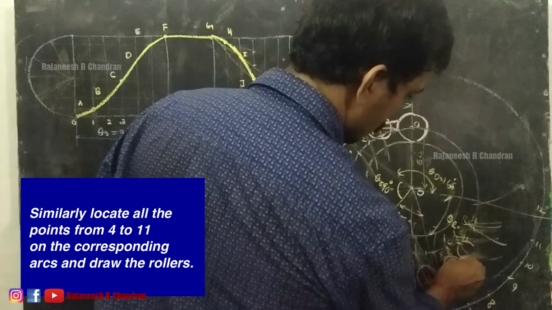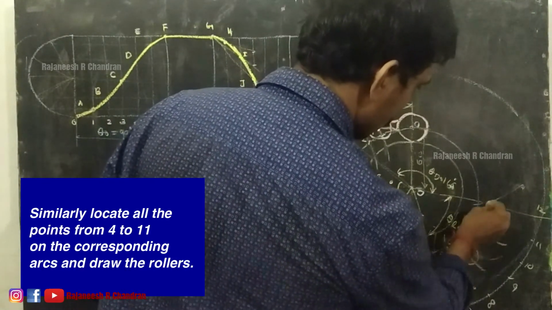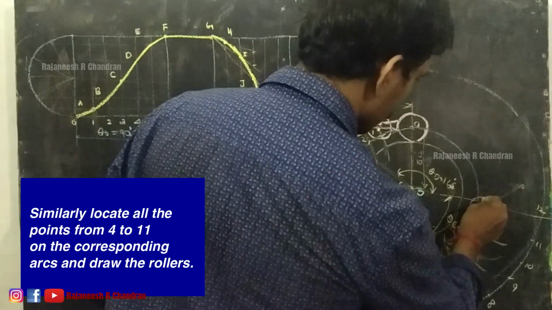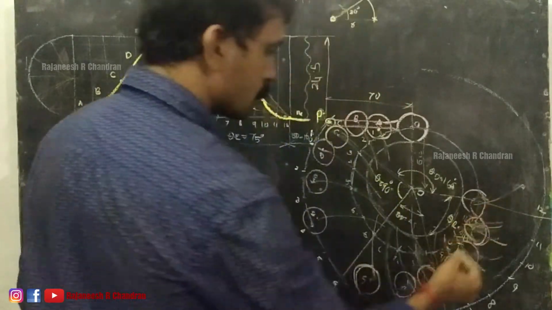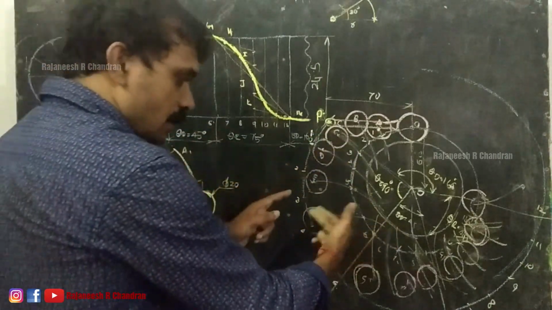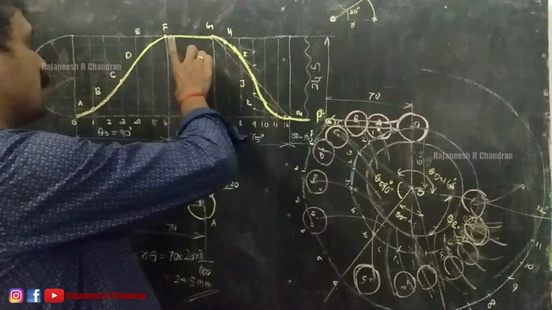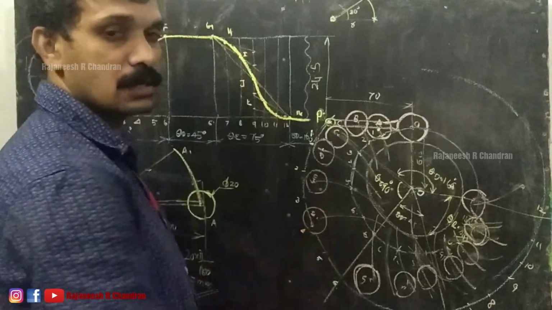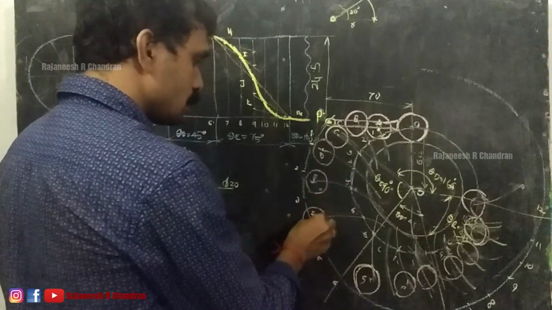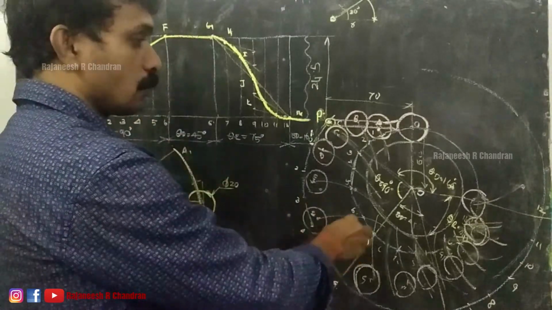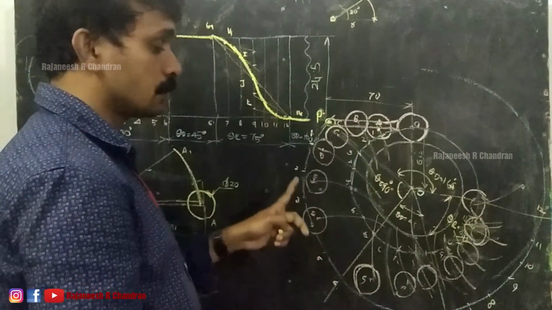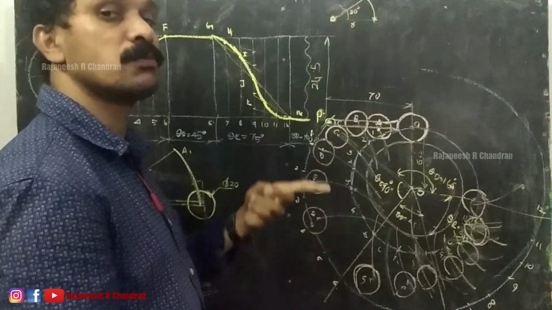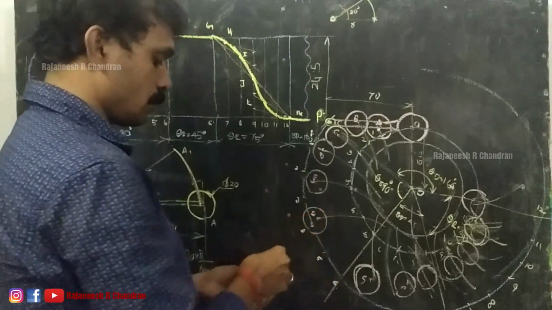This is the arc through 10, roller. So through every arc, take the corresponding distance and mark, locate the center of the roller, and once you obtain the point F, draw the roller, because you know that is the method of constructing the cam profile for a roller follower. So at every point draw a roller.